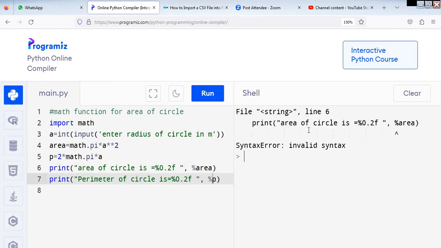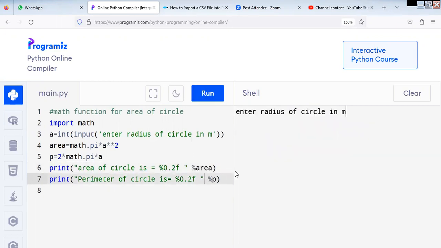Run this. Okay, 2. So it has given the perimeter.